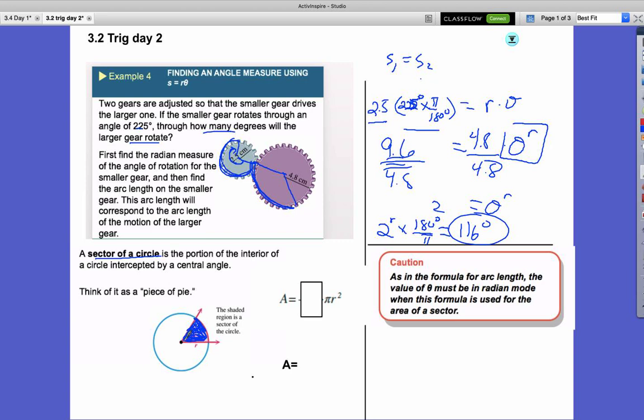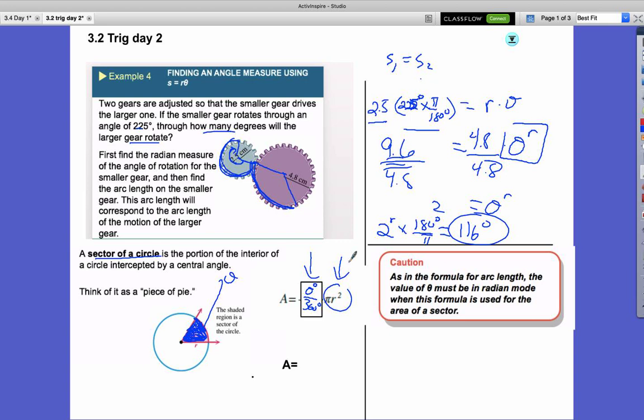So the old school way of doing it is to take your central angle, theta, and I'm going to think about it in degrees right now. Theta in degrees over 360 times pi r squared. This is the area of a circle. So it's a fraction of the area of the circle. If it was 90 degrees, it would be 1/4 of the area of the circle.